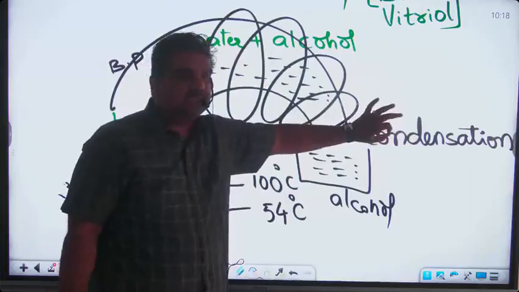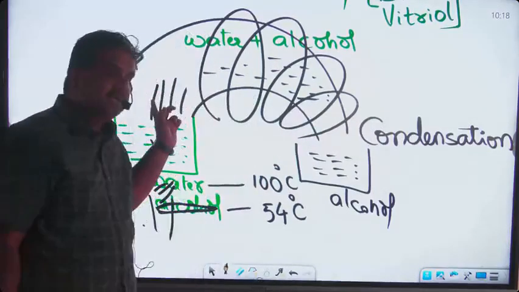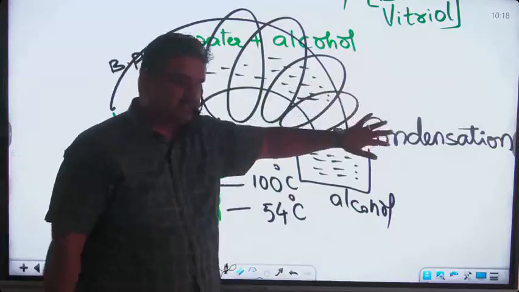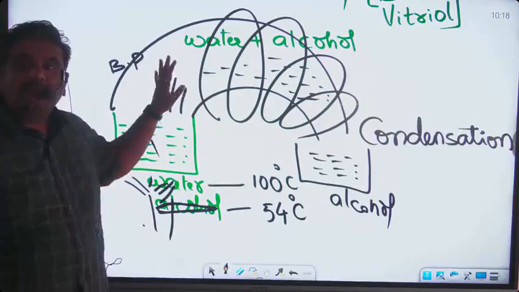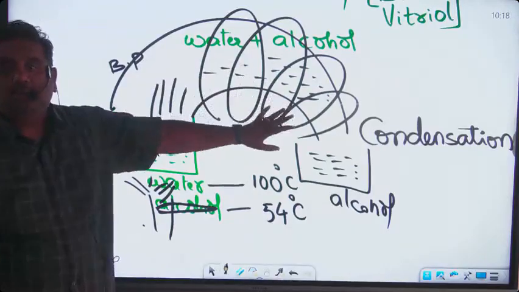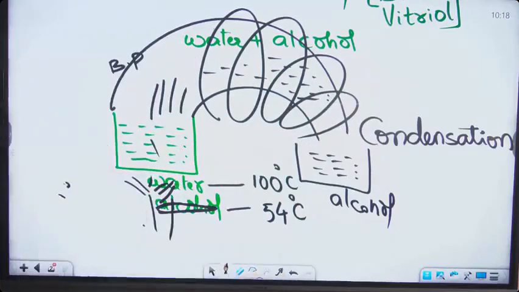That is the reason why we say that the distillation process involves vaporization followed by condensation. This is a previous question. And this can be applied only for a homogeneous mixture with only two components.